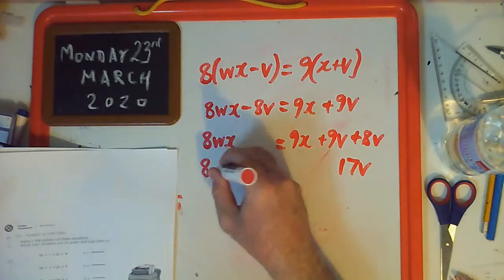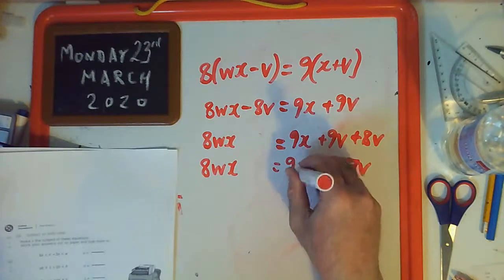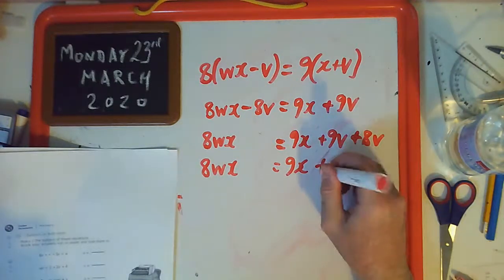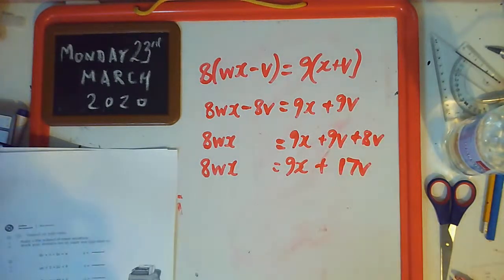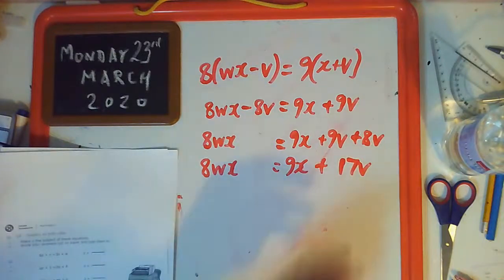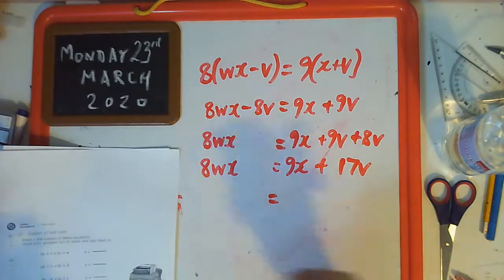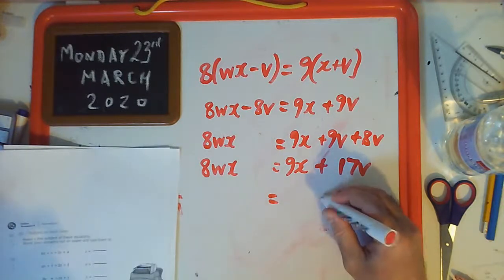So 8wx equals 9x plus 17v. So remember, I'm trying to get all of the x's on the left and all of the non-x stuff on the right. So I've got this 9x on the right at the moment.